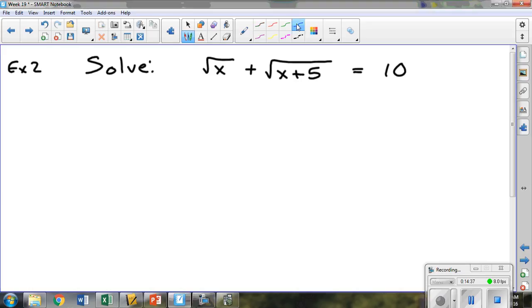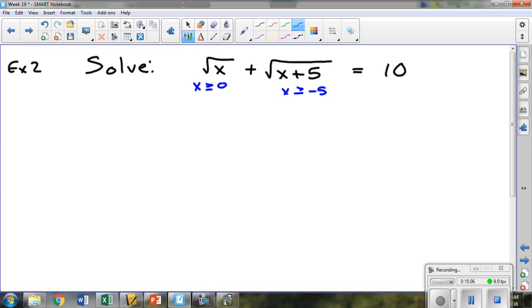Looking at this particular problem, the first thing I'm thinking about is domain, just because I want to be careful about it. The first square root requires that x be greater than or equal to 0. The second square root requires that x be greater than or equal to -5. Combining them, when are both true?